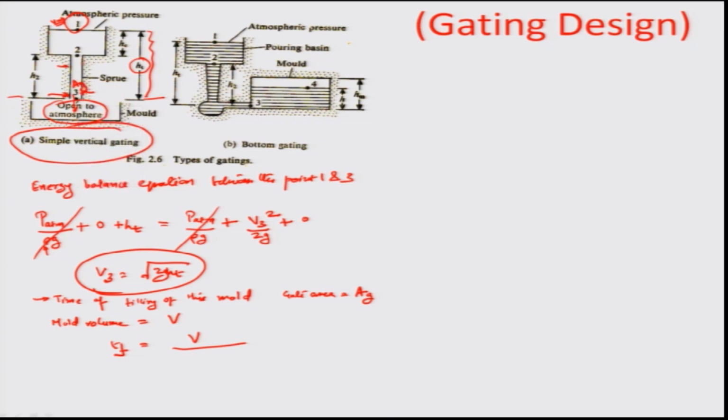Supposing there is a diameter d of this particular tube, a g should be equal to pi d square by 4. So, velocity is V 3, gate area is obviously a g.